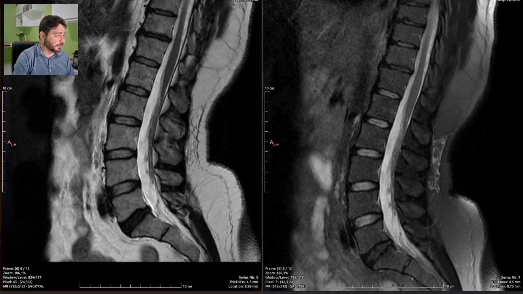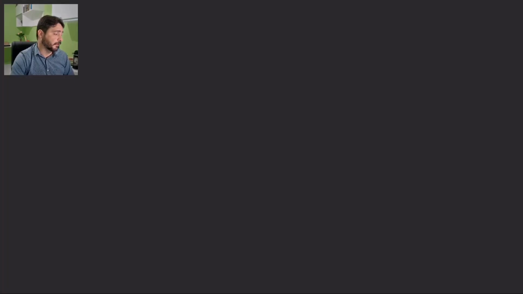Just copy and pasting to make it faster. All right, and we are done. Another spine MRI scan that has been delivered. Signed off. The cache has been cleared. So let's go for a new exam.